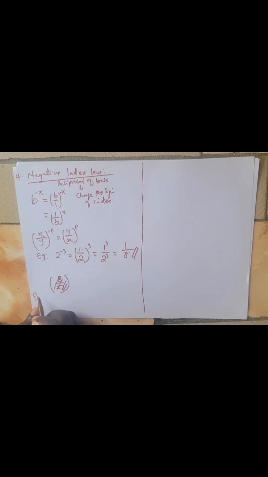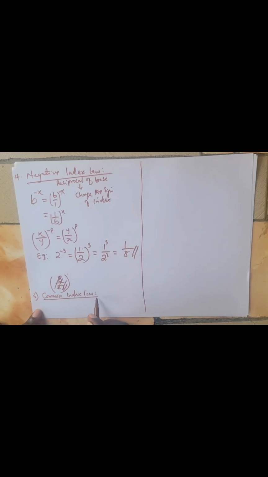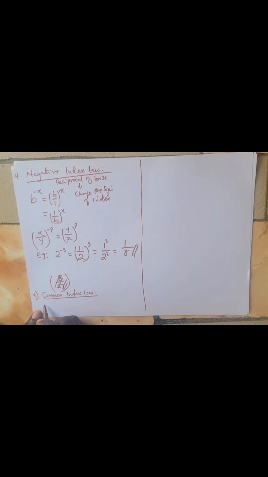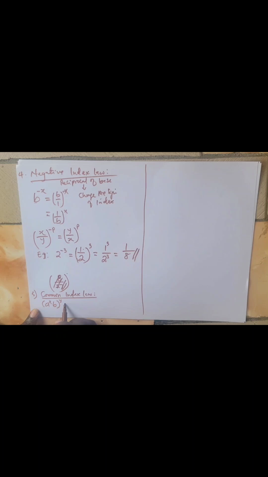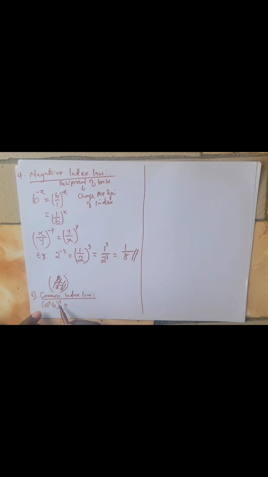And the next law is called the common index law. The common index law is saying that when you have a power that is common to numbers in the brackets, for example, a raised to power x times b, all raised to power y, is equal to, that means the y here, we open up this bracket and multiply the indices of both.